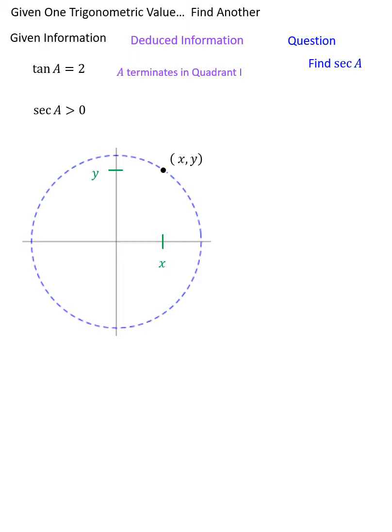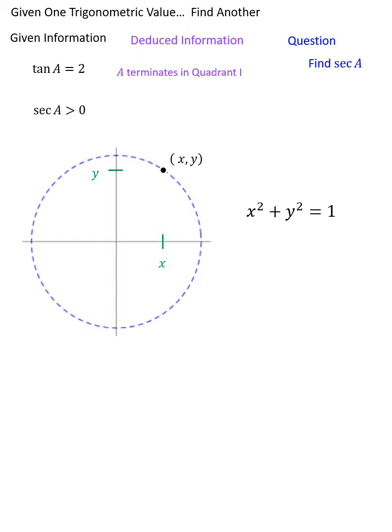So here's what we're going to do to help us find those values. First of all, we know that this point is on the unit circle, and therefore it must adhere to the equation x squared plus y squared equals 1. Fair enough. But without knowing x and without knowing y, is there anything we can do with this equation?